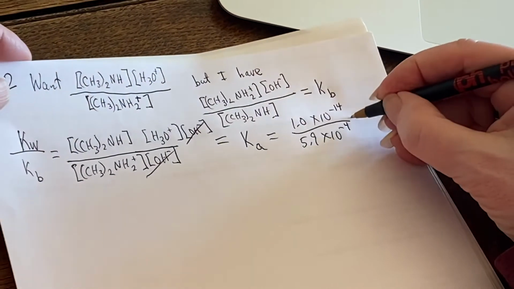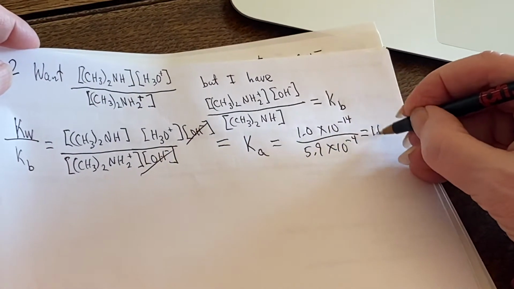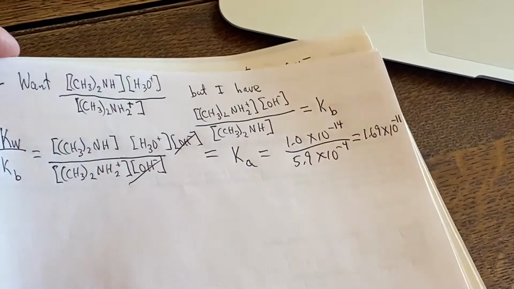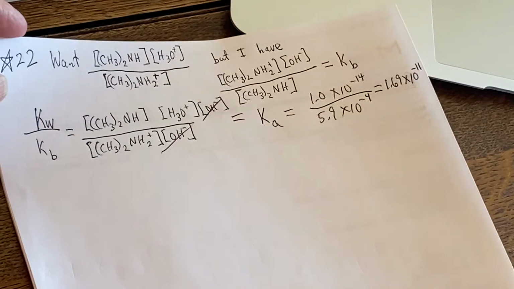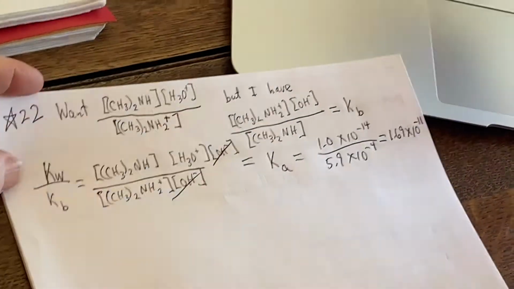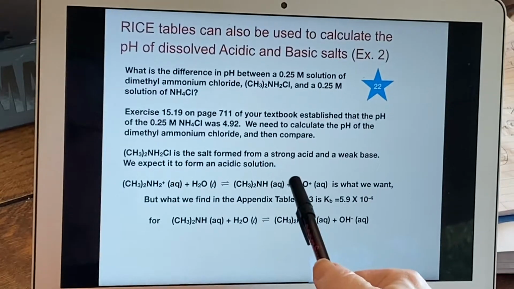And that is going to be equal to 1.69 times 10 to the negative 11. That's what we're going to be using. Okay, this is what we want. This is what we're going to write in our RICE table.